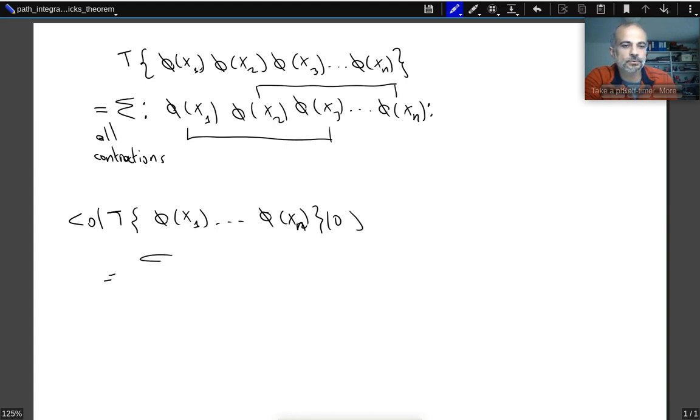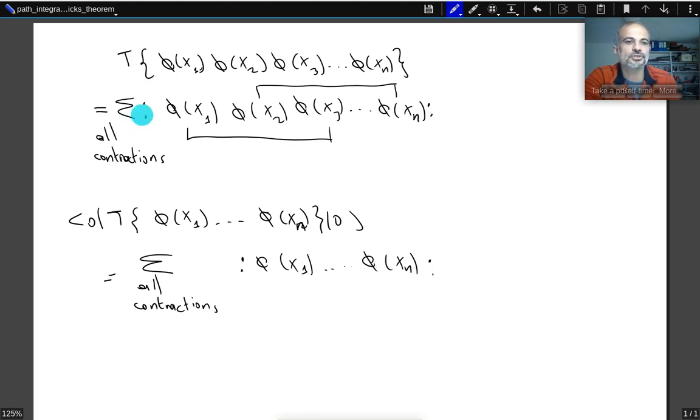This will be equal to the sum over all contractions of these fields. No, not time ordered. Now they are normal ordered products. And since the normal ordering just gives 0 if there are any operators left inside, here there shouldn't be any operators left inside, so it will be this one.